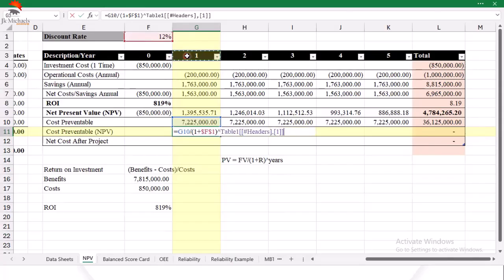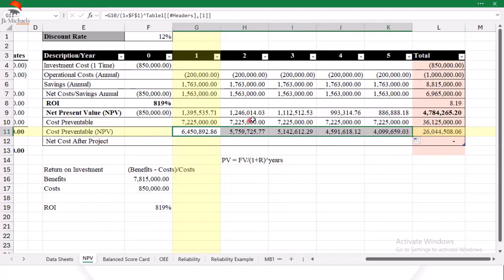So this is what we're going to have, and then when we pull this across on 7.225 million, let me confirm. So this is going to be our NPV.